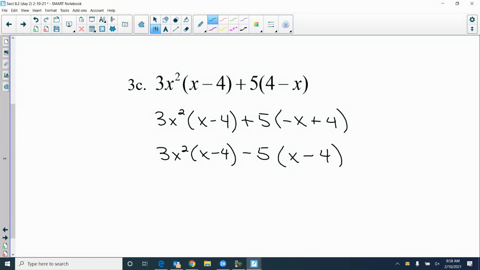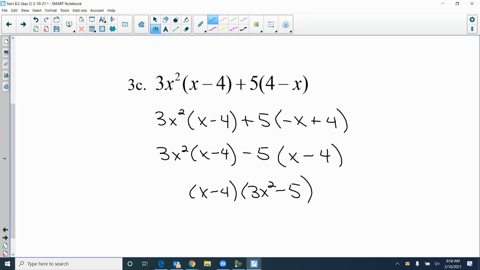All right, he's right. That's what we can do. Now, there's a little bit of math going on that he didn't tell us about, which is okay, but that's what happened. Okay, now everything's the same. What would my answer be? It would be x minus 4 times 3x squared minus 5.